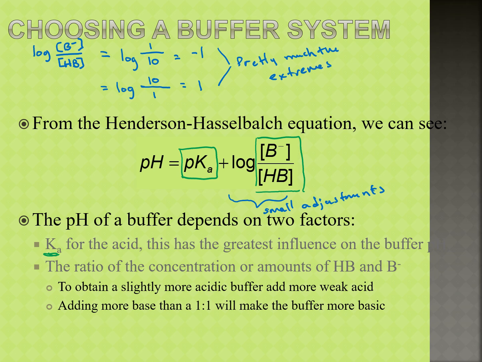Okay, so what this is telling us is that that factor can adjust the pH by plus or minus about 1. But the majority of our changes are going to come from that pKa. That's going to be the largest influencer when we choose our buffer system.